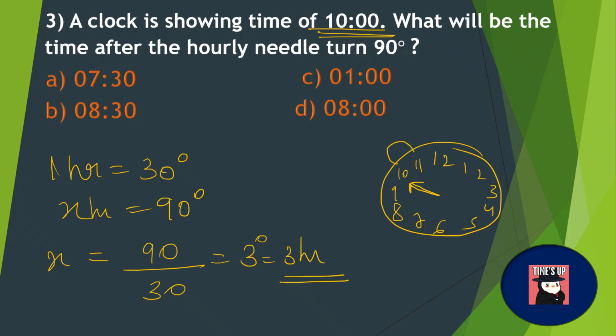So 1 hour, 10 to 11 will be 1 hour, 11 to 12 will be 2 hours, 12 to 1 will be 3 hours. So the hour needle will be moved from 10 to 1 o'clock. So it will be at 1 o'clock. Understanding? So answer is C, that is 1 o'clock.